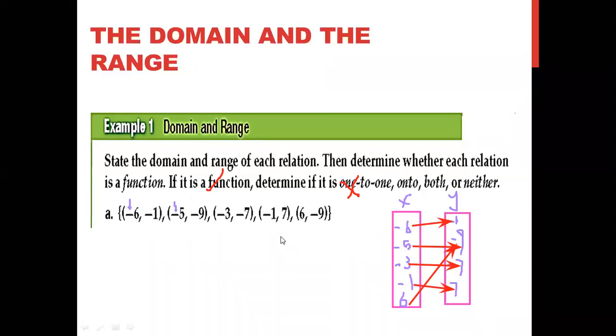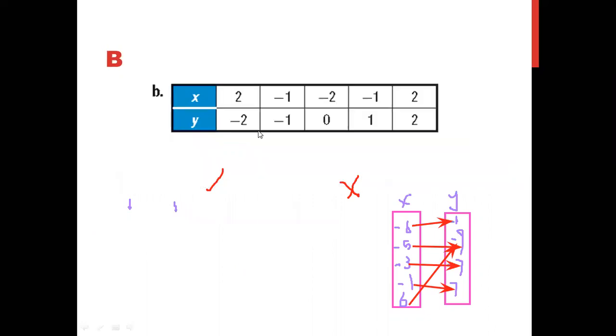Nice. Now it's easy to determine if this is a function or not, if it's one-to-one, if it's onto, using the arrow diagram, if I have the form of the set of ordered pairs. But what if I have another form?